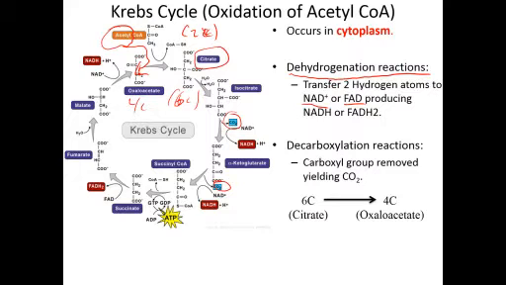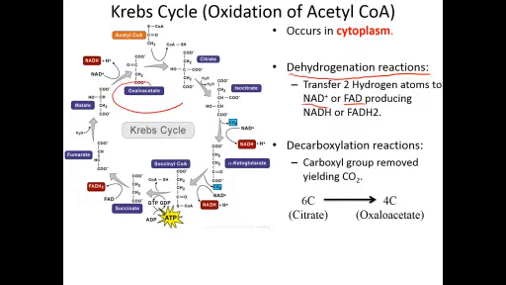This pathway is referred to as an anaplerotic pathway, which is a fancy way of saying this pathway replenishes itself. The molecule of citrate is converted back into oxaloacetate.